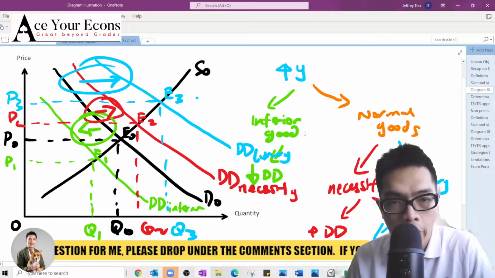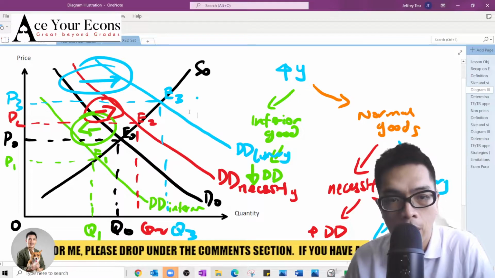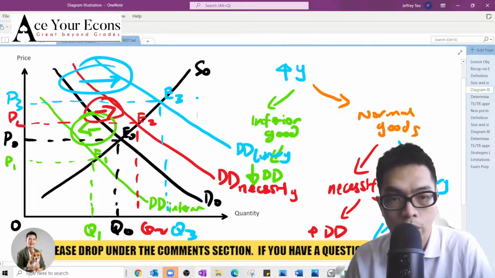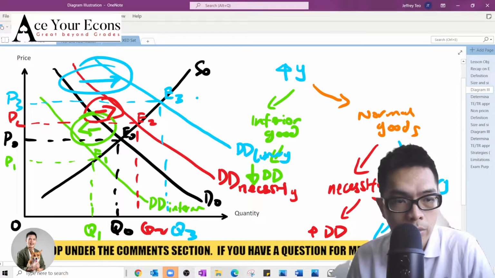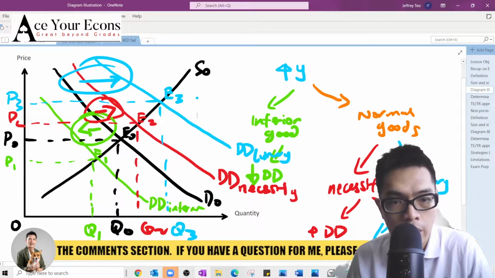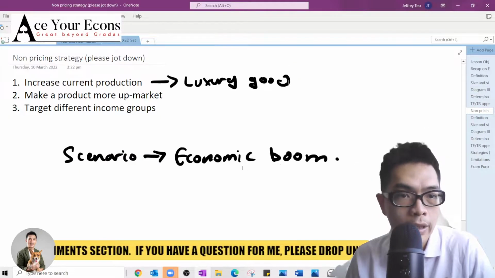Therefore, people are going to consume more luxury good when there's an economic boom. And you want to produce more luxury good, so to capture a higher total revenue, from P0E0Q0 to P3E3Q3. So this is just one way to illustrate a non-pricing strategy.